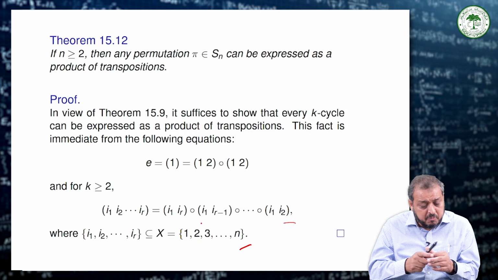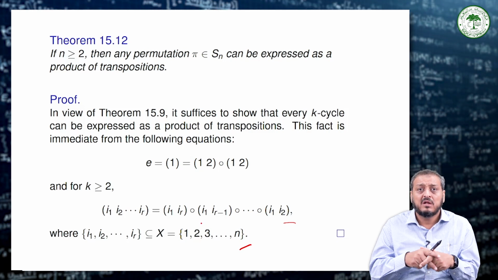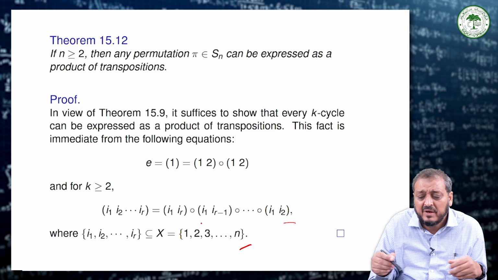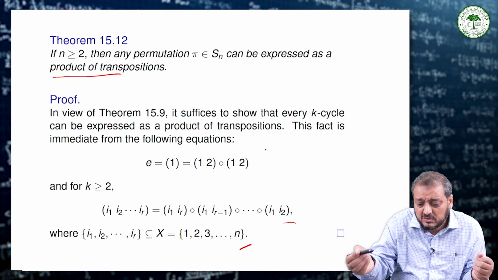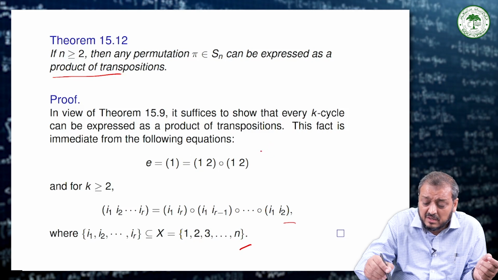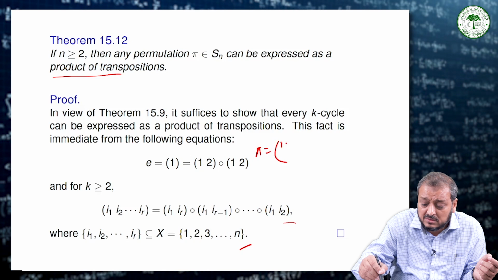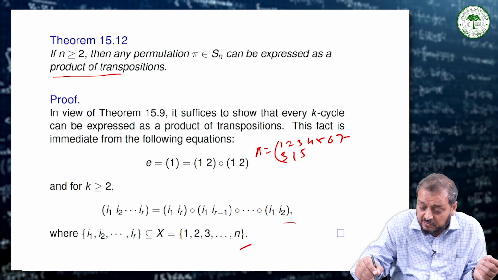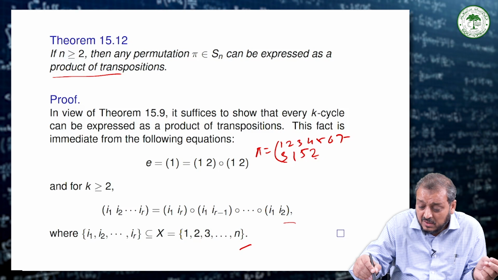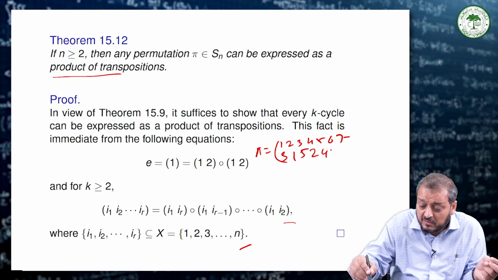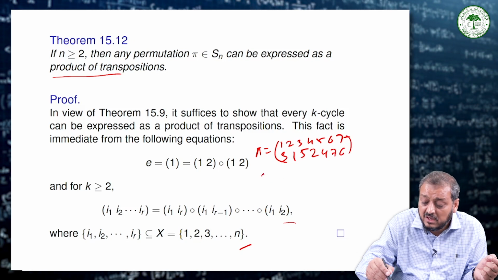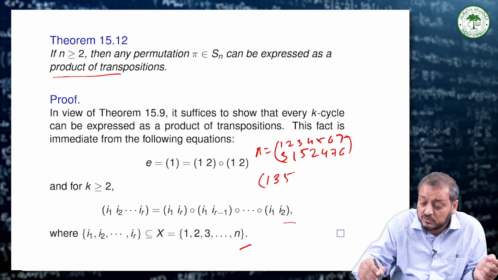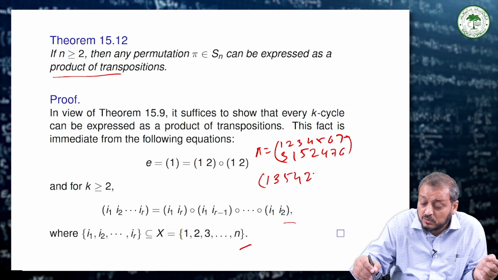Now let's take an example of any permutation pi expressed as a product of transpositions. Take pi equal to, with 1 2 3 4 5 6 7 mapping to 3 1 5 2 4 7 6. Clearly 1 goes to 3, 3 goes to 5, 5 goes to 4, 4 goes to 2, 2 goes to 1.